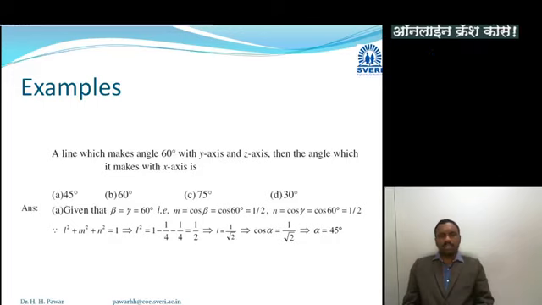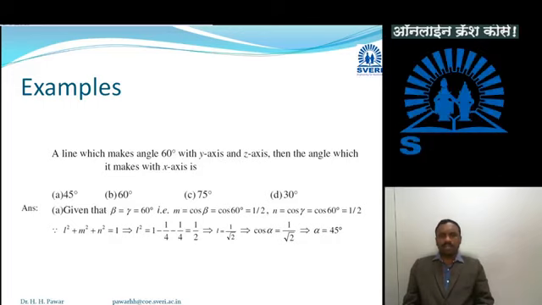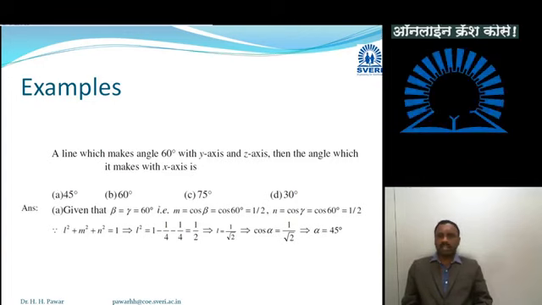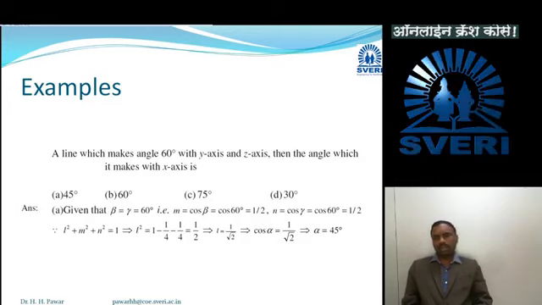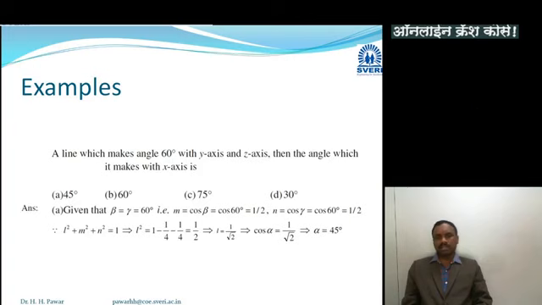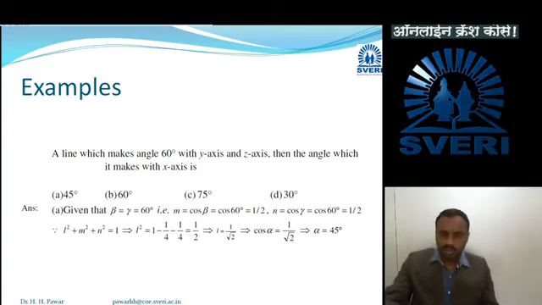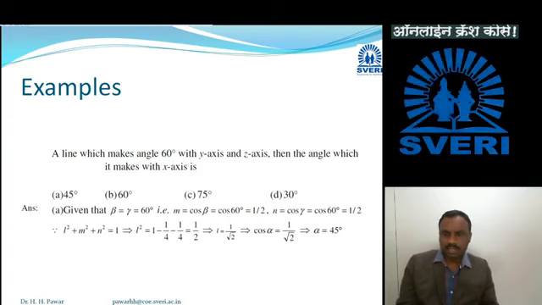First example: a line which makes angle 60 degree with y-axis and z-axis, then the angle which it makes with x-axis is. As the angles made with y-axis and z-axis are denoted by beta and gamma, and it is given that they are equal to 60 degree, hence beta is equal to gamma is equal to 60 degree in this case.